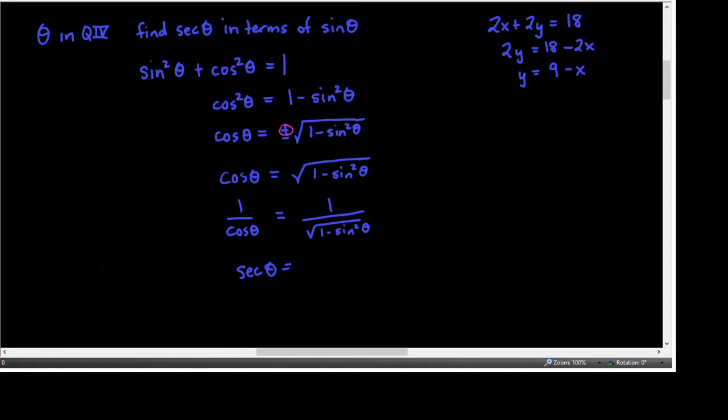And then we should rationalize that expression. So to rationalize it, I should make sure I write it carefully. To rationalize it, I'm going to multiply it by 1 in the form of that radical over itself.